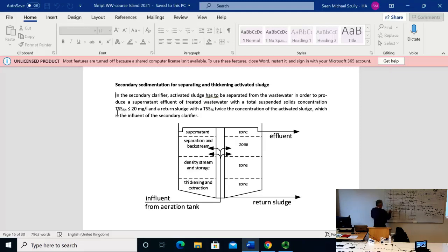So okay, now we can calculate TSBB in the function of 3 different parameters, or 4. It's SVI, it's TSTE, it's our F scraper, and it's our RS. And we have standard values which are recommended when you make a design for a final clarifier. This is what we can take out of the balances.